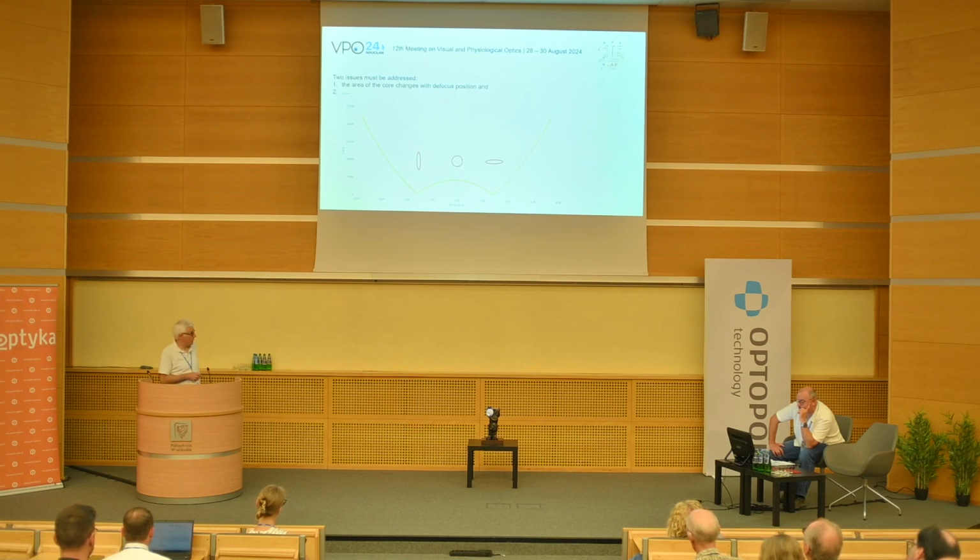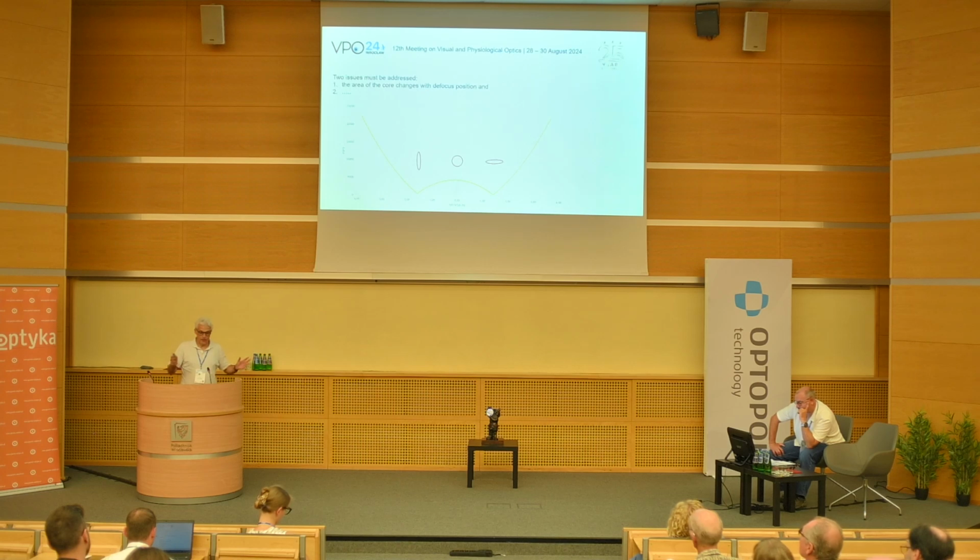But when we have an astigmatic system, we have ellipses. The area of these ellipses is smaller at the two foci, and at the circle of confusion the area is bigger, and it's bigger all around when we focus the system.